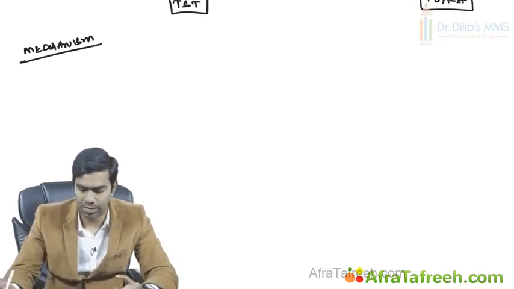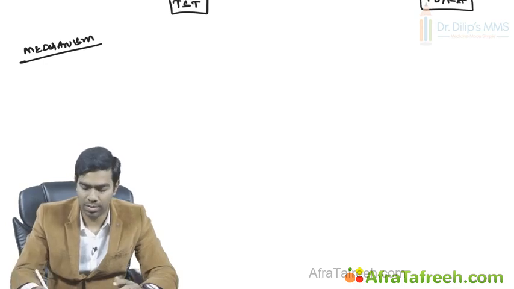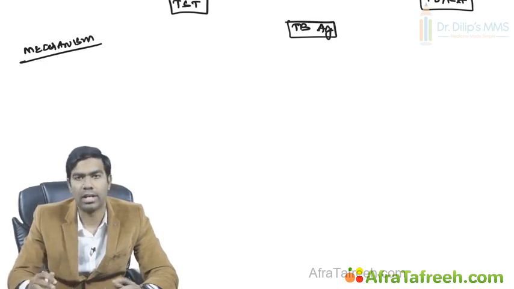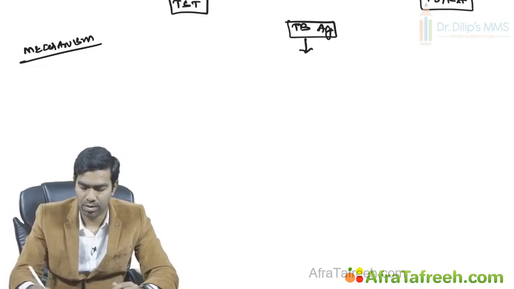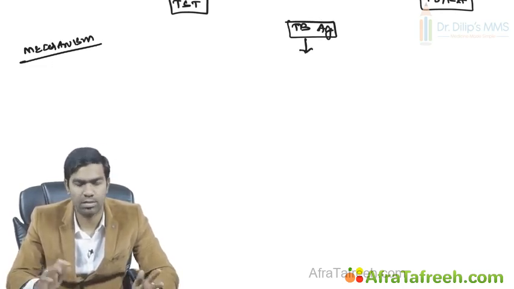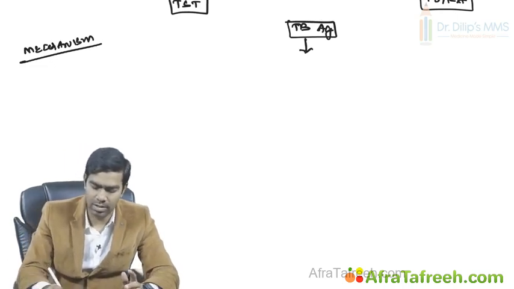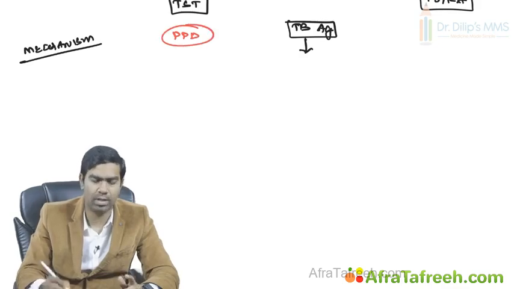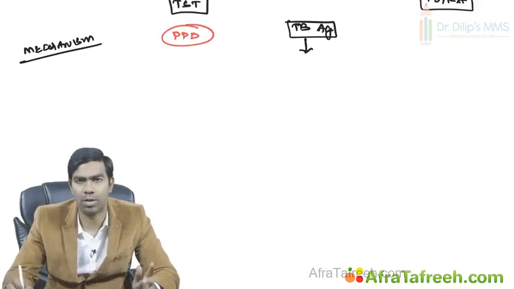The mechanism is going to be very similar to each other. First, you are making the patient get exposed to a TB antigen. So both IGRA as well as your purified protein derivative, that is the tuberculin sensitivity test. In TST, you are going to use a compound called PPD. Sometime back I told you that's a purified protein derivative.